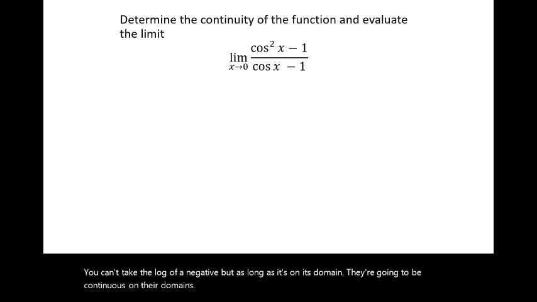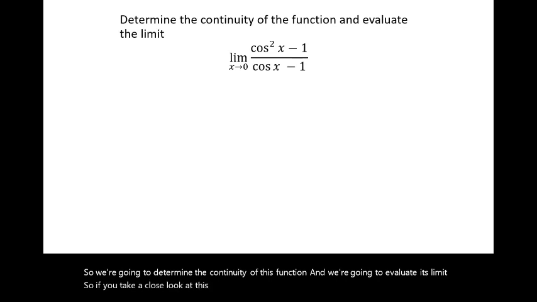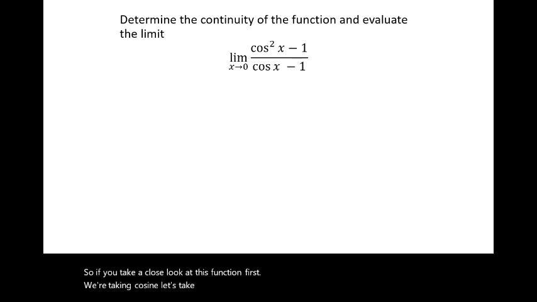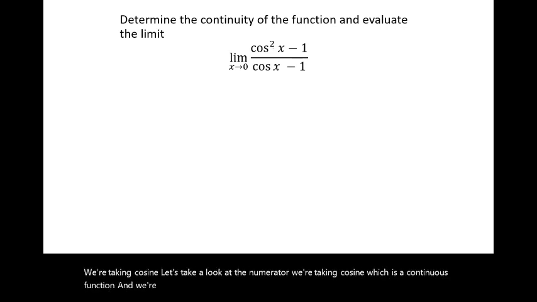So we're going to determine the continuity of this function, and we're going to evaluate its limit. So if you take a close look at this function first, we are taking cosine. Let's take a look at the numerator. We're taking cosine, which is a continuous function, and we are squaring it, which is still continuous, minus a constant 1.